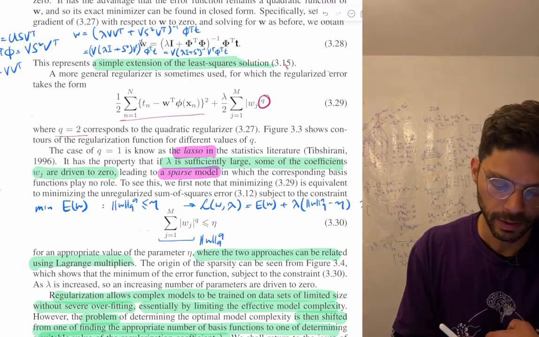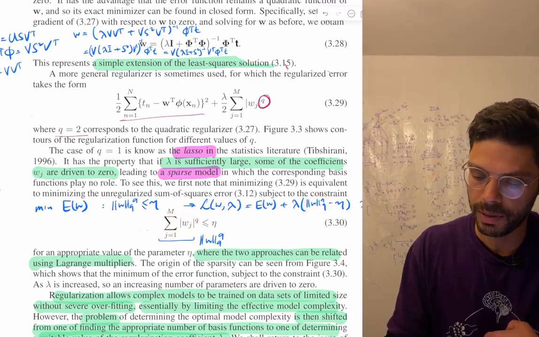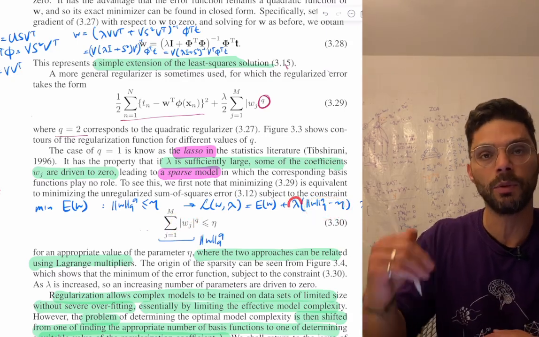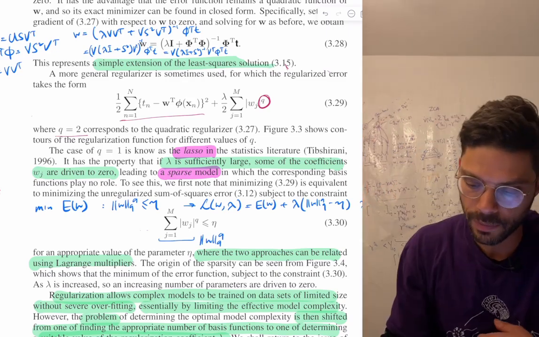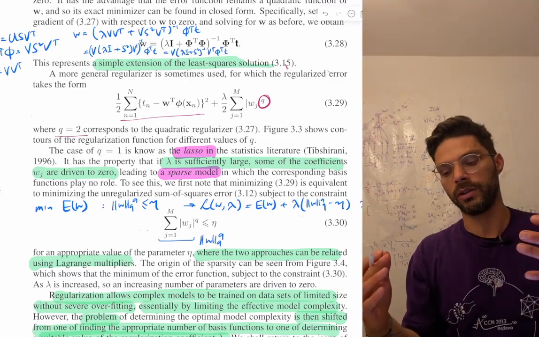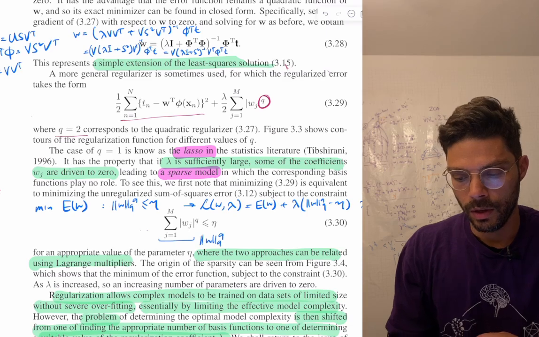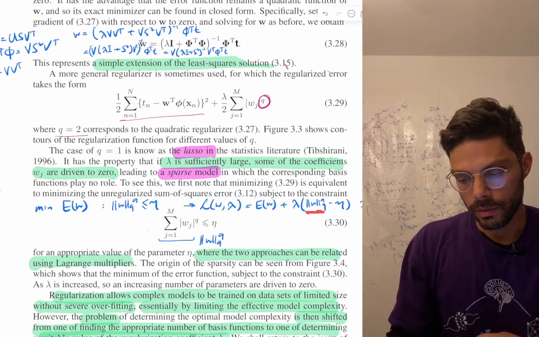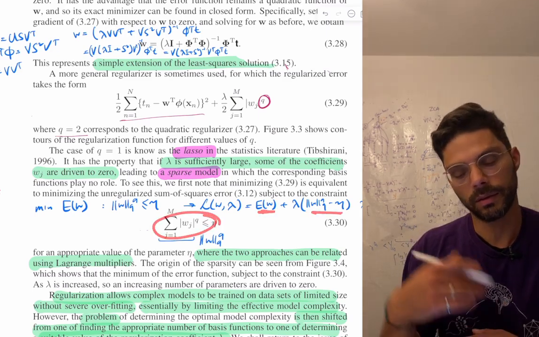Whenever this term becomes greater than eta, the whole term is positive, and then lambda will start increasing, and increase and increase until the constraint is met, until you arrive at a solution where your minimization satisfies this constraint.